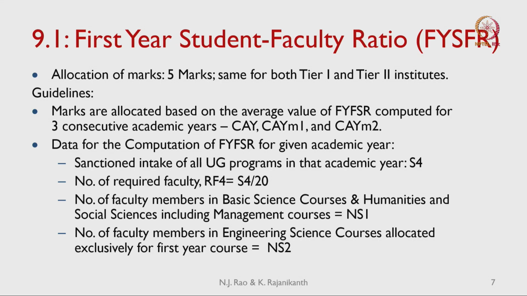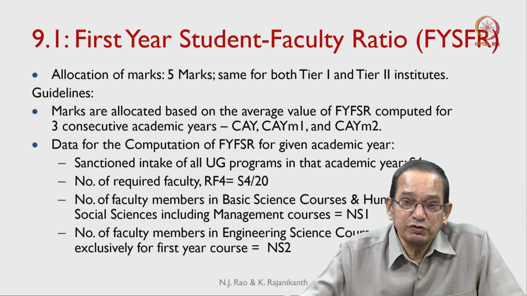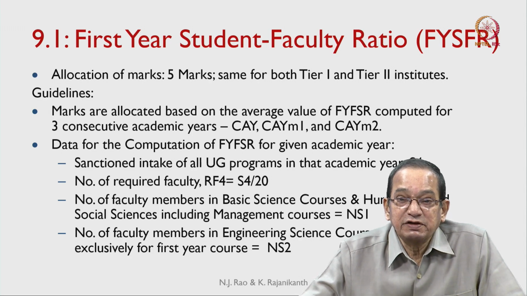Then number of faculty members in engineering science courses allocated exclusively for first year courses. Let us call that as NS2. There are again in almost all engineering colleges, certain courses which are taught by the faculty from engineering departments. The names do differ, but something like elements of mechanical engineering or elements of civil engineering or strength of materials or elements of electronics engineering. Their names can differ, but there are certain courses for first year which are taught by faculty from the engineering departments.